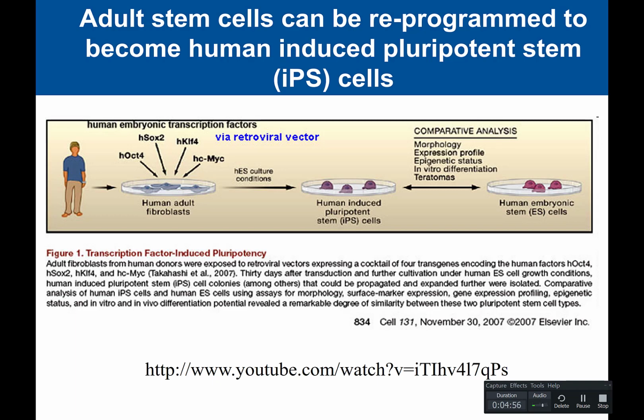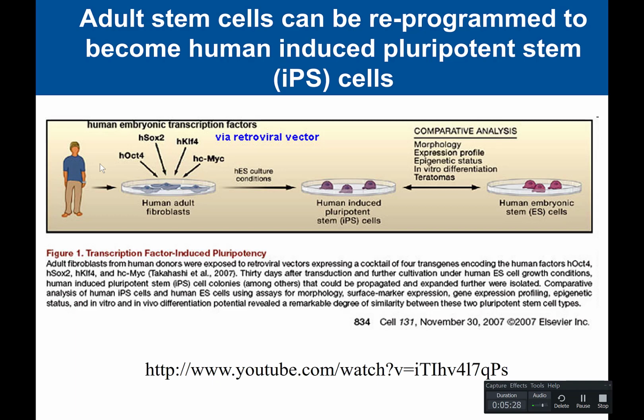And so what they did was they took cells, they took fibroblasts, which are a type of dermal cell, and they took human adult fibroblasts, and they basically used a retrovirus to introduce these 4 genes into those cells. And these 4 genes have been known to have association with maintaining stem cells and reprogramming those cells. And so they used a retrovirus to get those genes into those cells.